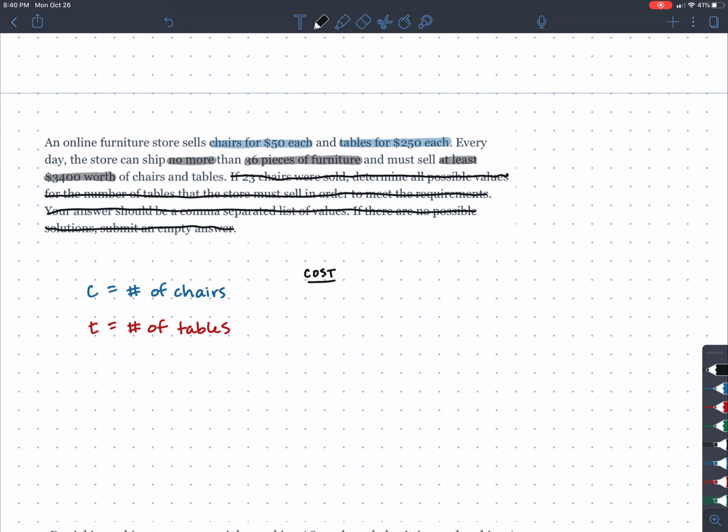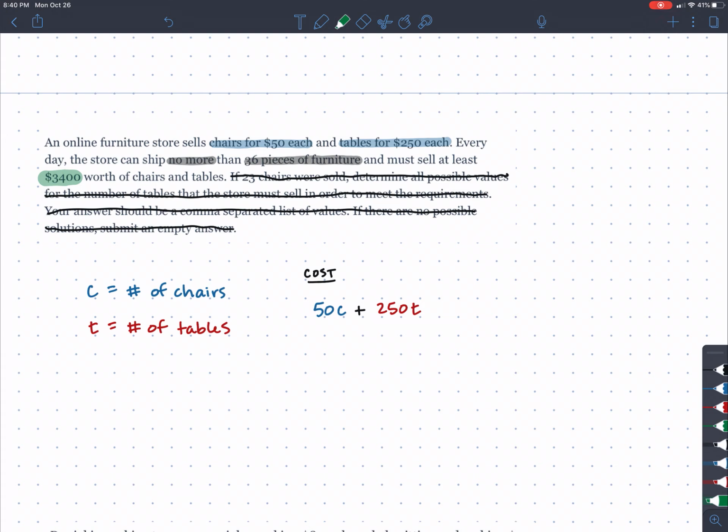So let's start with cost. We're going to set up an inequality that represents the amount in dollars sold. Chairs are $50 each, so 50 times C, and tables are $250 each, so 250 T. We said that we have to sell at least $3,400 worth of chairs and tables.